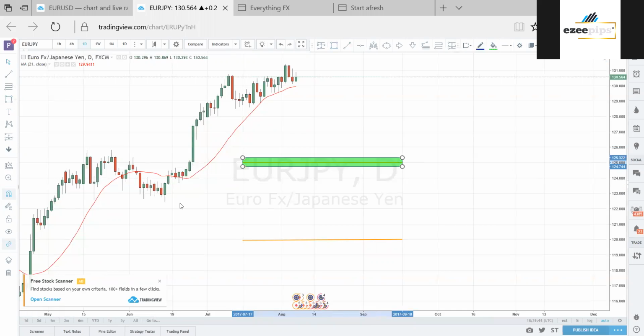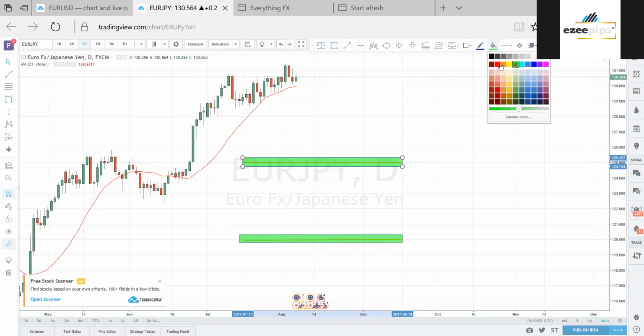Let me change the colors here. For resistance, I will make the resistance box red.